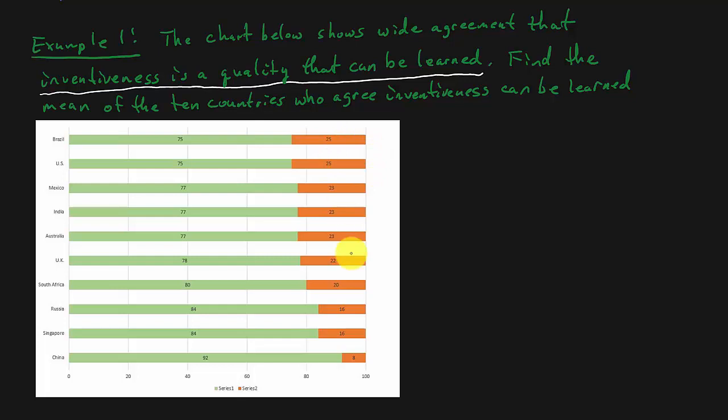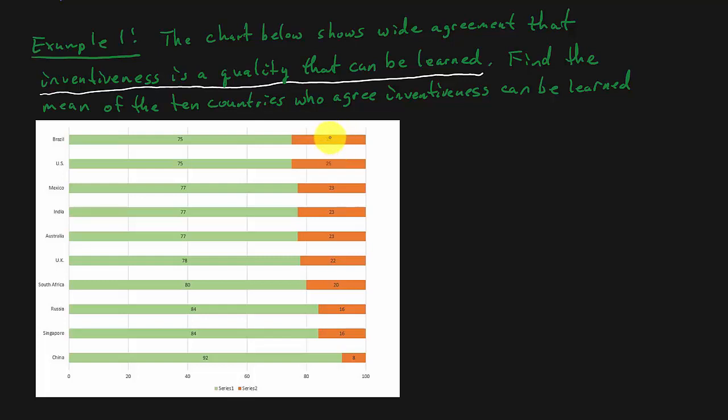For example, 75% of Brazil thinks inventiveness is a quality that can be learned, and 25% thinks it's inherited.